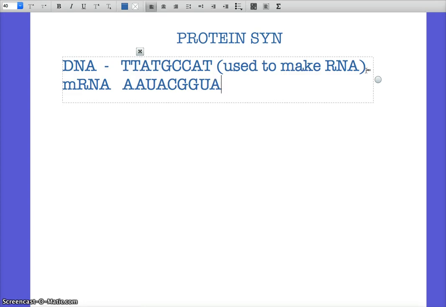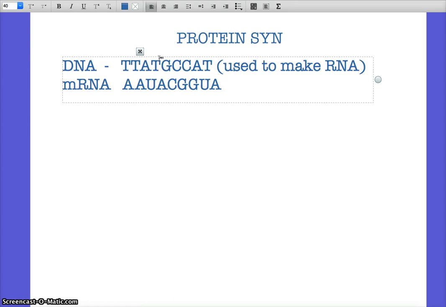Good. If you're struggling with the U's and the T's and the A's, make a DNA strand, and erase the T's and replace them with U's. It's that easy. If you're not sure whether to put a U or a T with the A, do the corresponding DNA strand and then erase all the T's and make them U's.